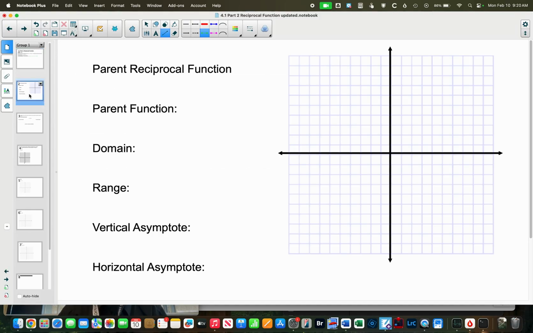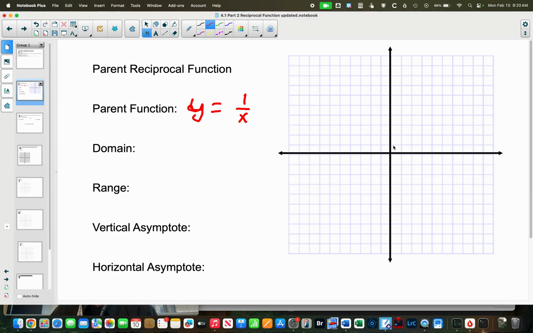All right, let's talk about parent reciprocal functions here. The parent function is going to be y equals 1 over x. We're going to graph this.